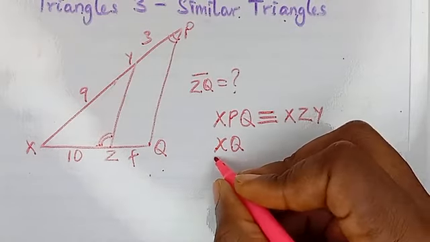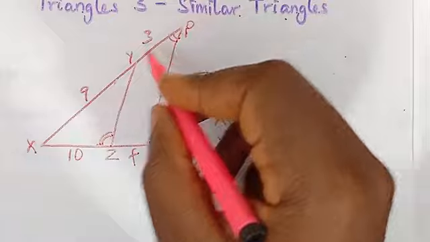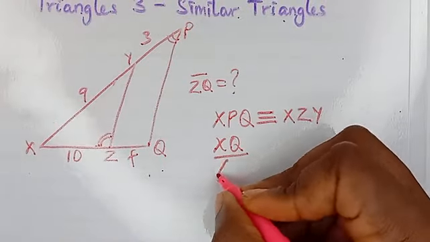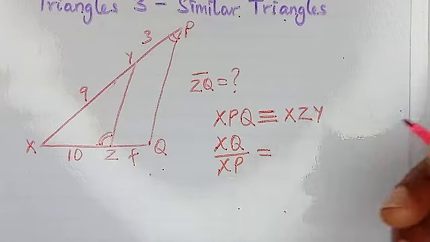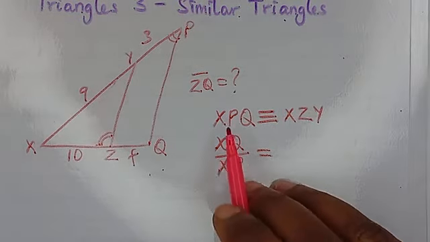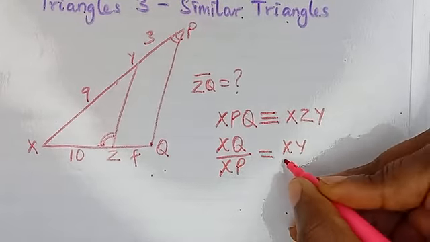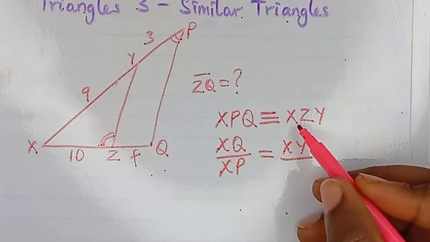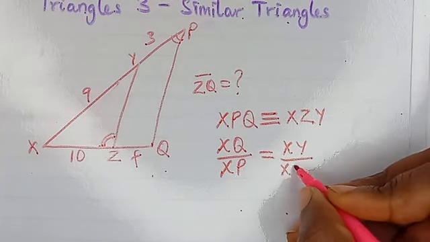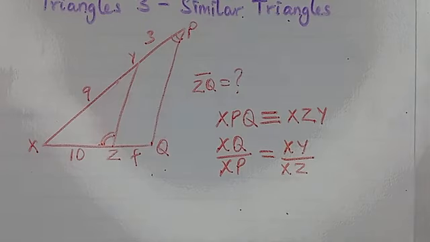So XQ over XP is equal to, since we've named XQ, XY over XZ. You see how easy it is to work with.